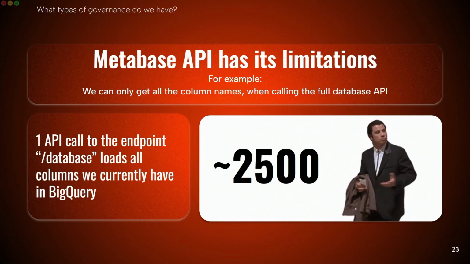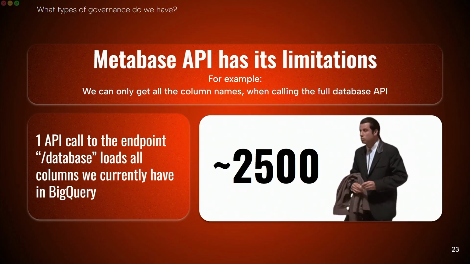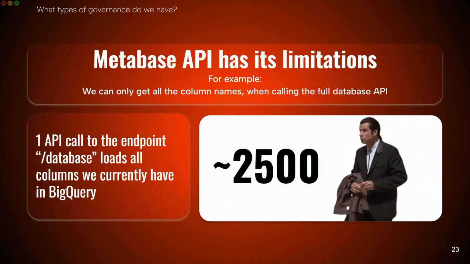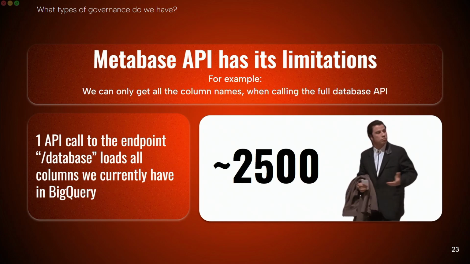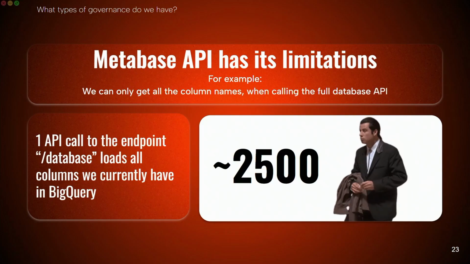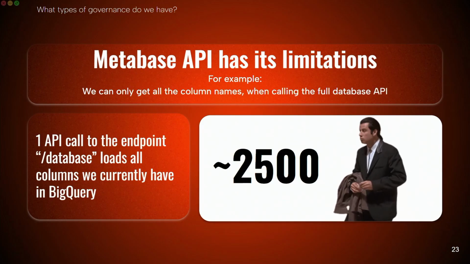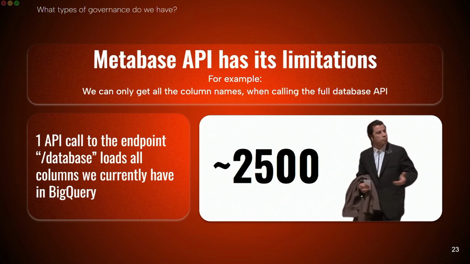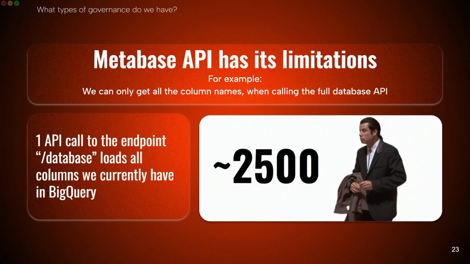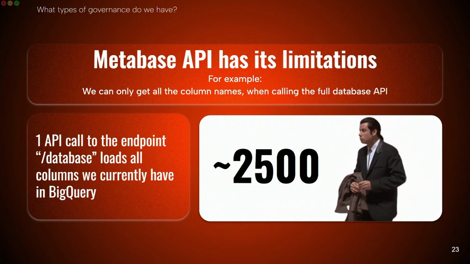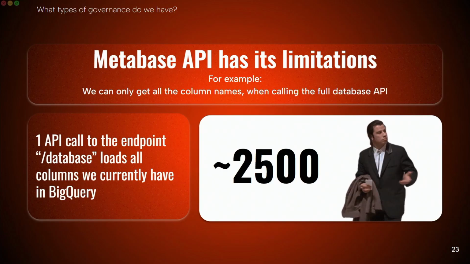We have an API to get the full database. Our database has 400 tables, and each table has something like 100 columns. These take some time to load. I did it last week for around 28 columns. If you do this loading every time for each column you rename, it will take forever, some hours actually. And I don't want that.